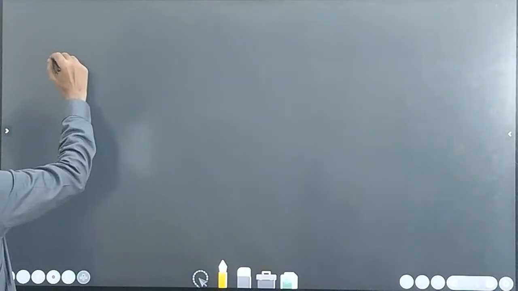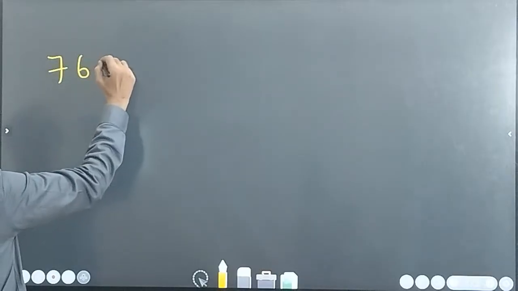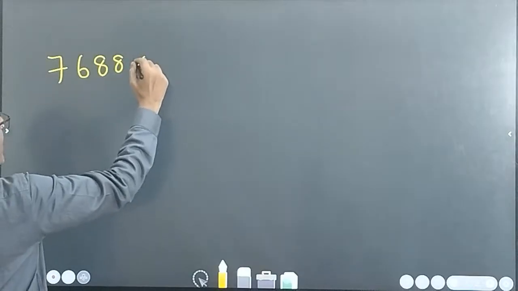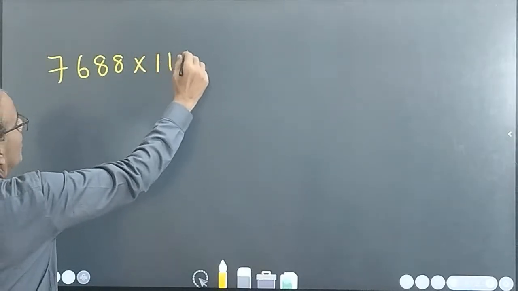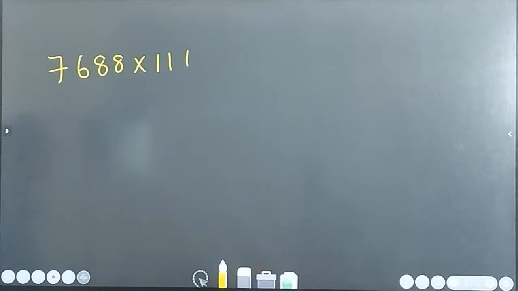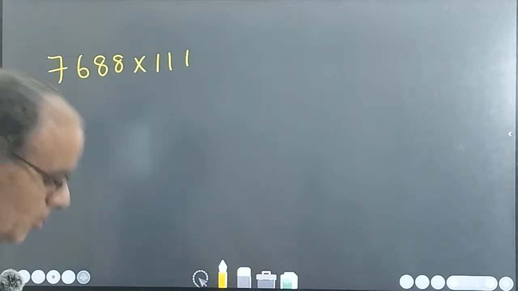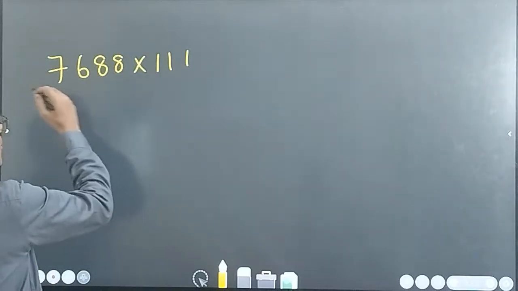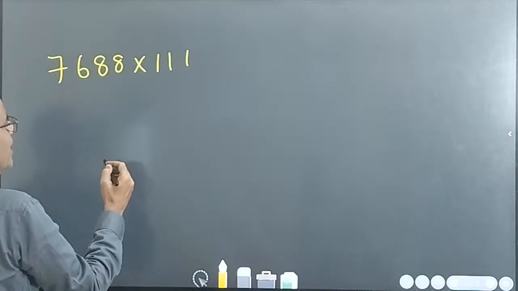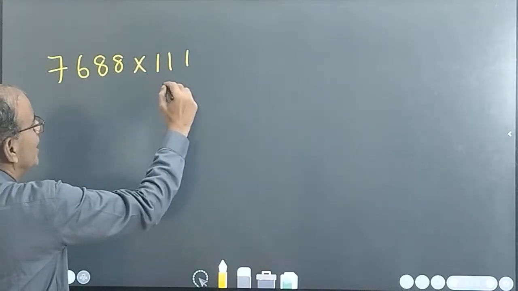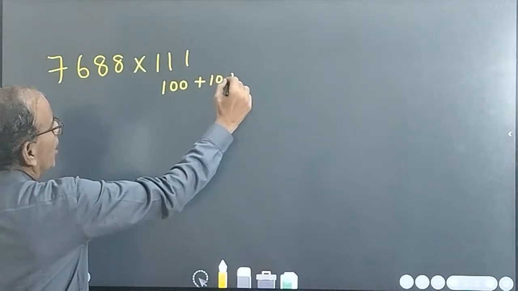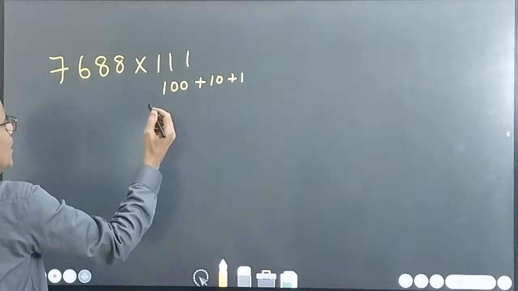Now we go to, I have to multiply 7688 by 111. I have to multiply 7688 by 111. See, there are two methods. One, you multiply 7688 and then add. What is 111? This is 100 plus 10 plus 1. Either way you can do.